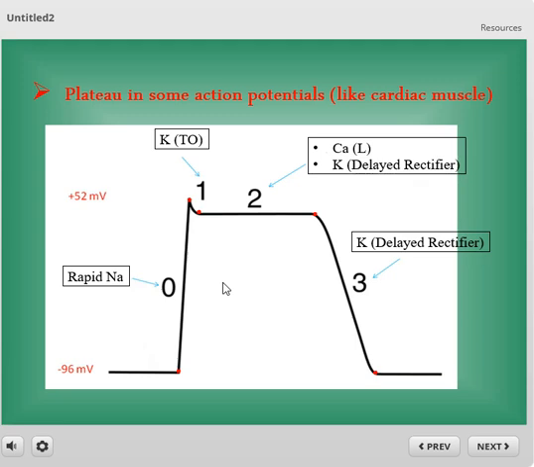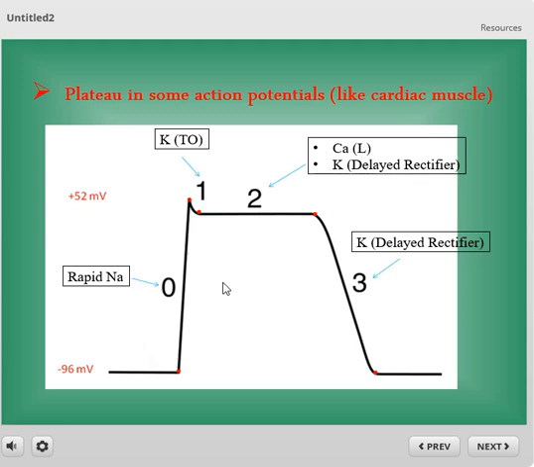And after that, these types of channels transiently close, and we have step 2. Step 2 is a plateau. In this step, the long-lasting calcium channels are open, and the delayed rectifier potassium channels are open.